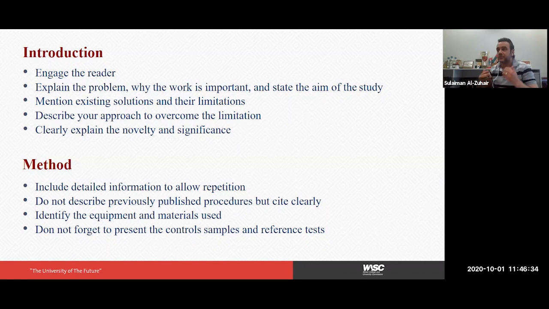Maybe I'm speaking about myself when I say I did that or I'm going to do this. In your introduction or throughout the paper, always use past tense passive voice. Don't use we did that, we did this, they did that, they did this. Because when you say we did that, you are emphasizing that you have done it. But the emphasis should be on what has been done rather than who has done it.